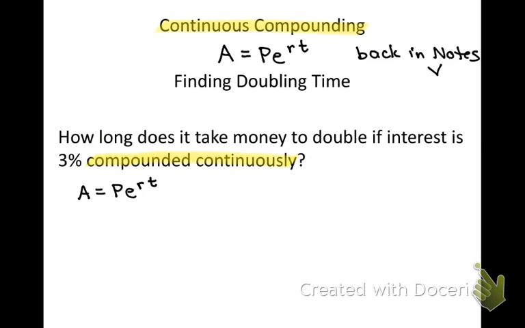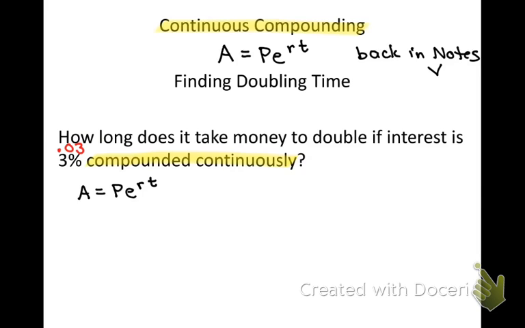We want to know how long, so that means we are trying to solve for t. Does it take money to double? So that means we're going from my initial amount to twice my initial amount if it's 3% compounded continuously. 3% as a decimal is going to give us 0.03. So think about this.